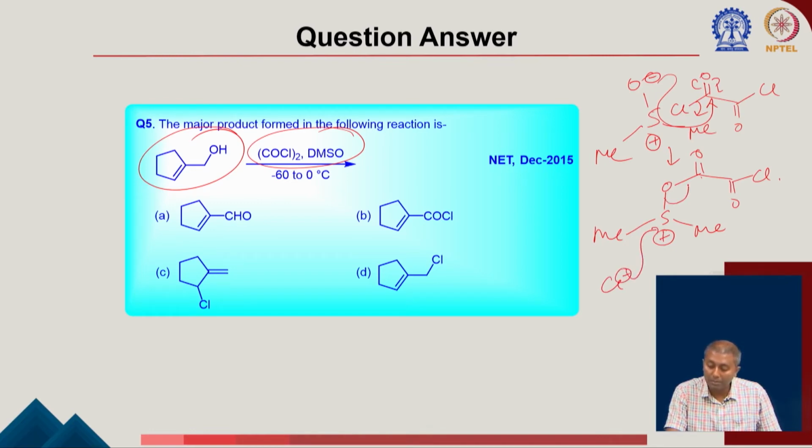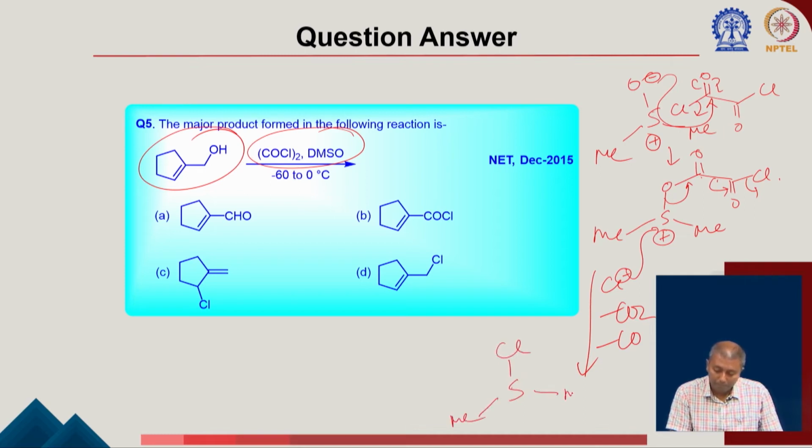Then you will be forming CO2 and CO. So what you are getting out? You are getting out CO2 and CO to generate this activated species. Okay, this sulfonium is going to react with your alcohol here. That is the next step of this reaction. So the alcohol is coming and attacking, getting rid of the chloride.